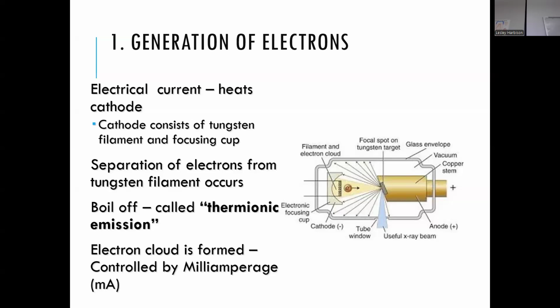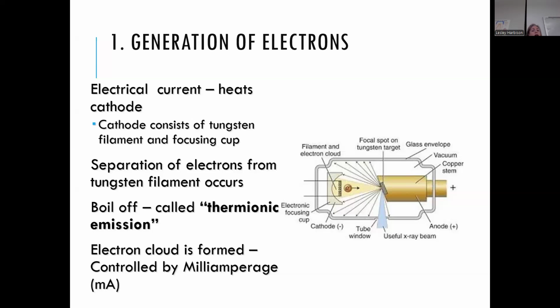So you get this concentration of just a cloud of electrons, basically, from the heat, because that tungsten coil gets so hot, it agitates them and they start decoupling from their atom, from those valences that we were talking about when we first were talking about the parts of an atom.